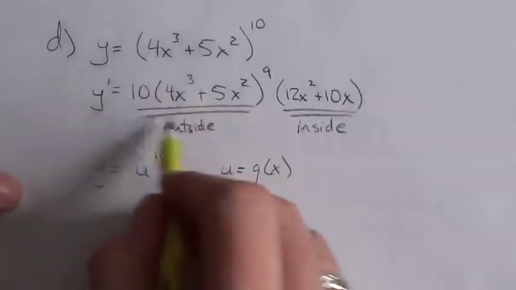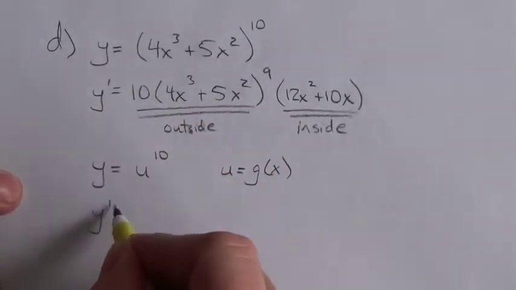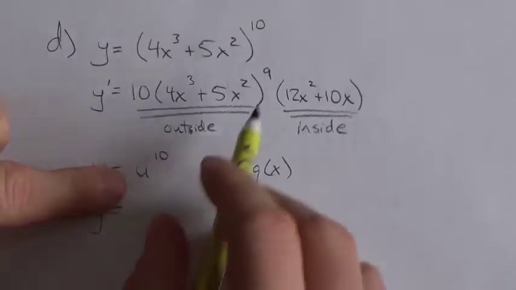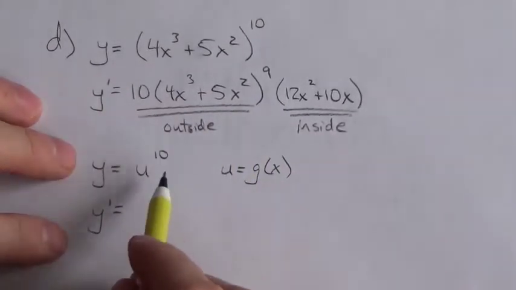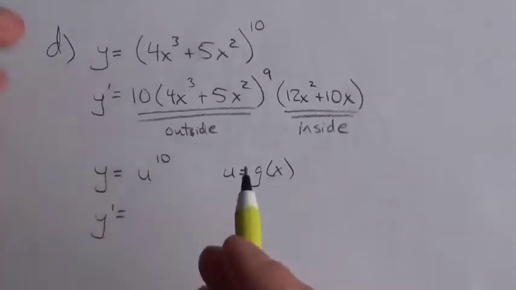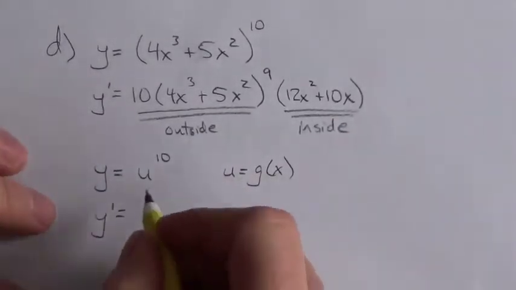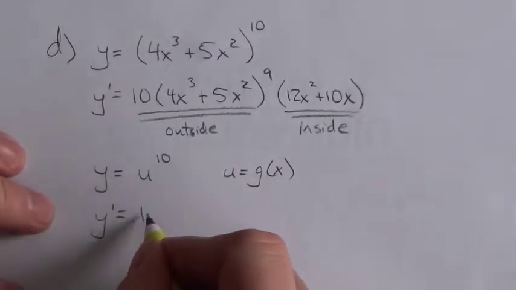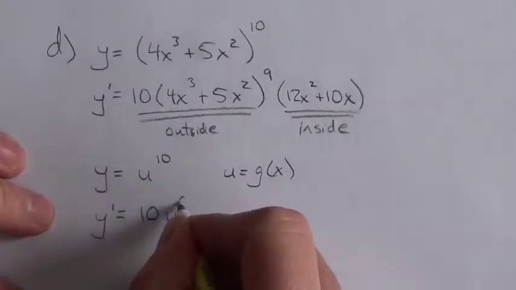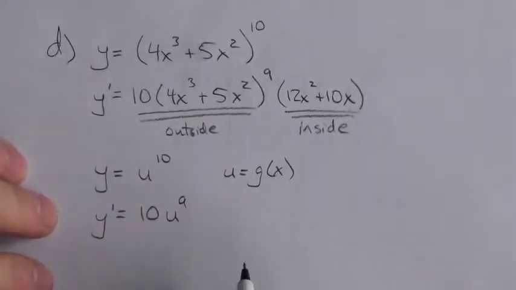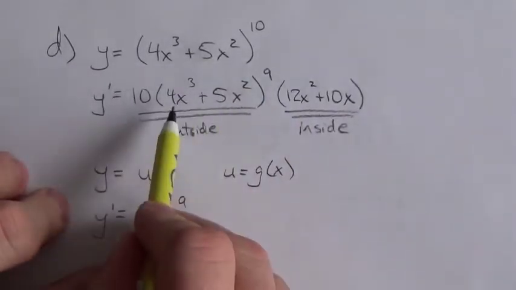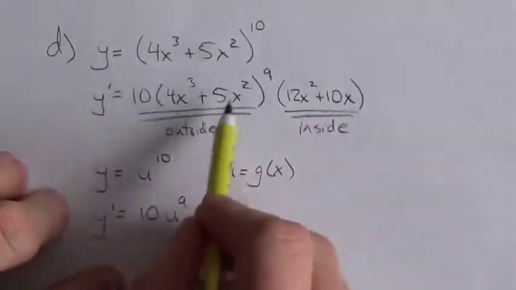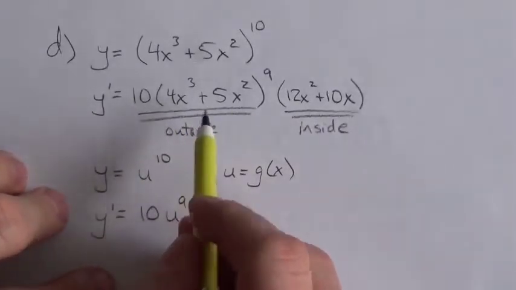So now just take a look at what I did here. When you took the derivative, the first thing I did was take the derivative of what was outside. Well, what's outside of u? It's u to the 10. So I'm going to take the derivative of u to the 10. That's going to be 10 u to the 9. Now, up here, when I did know what u was, I then multiplied by the derivative of what was inside.